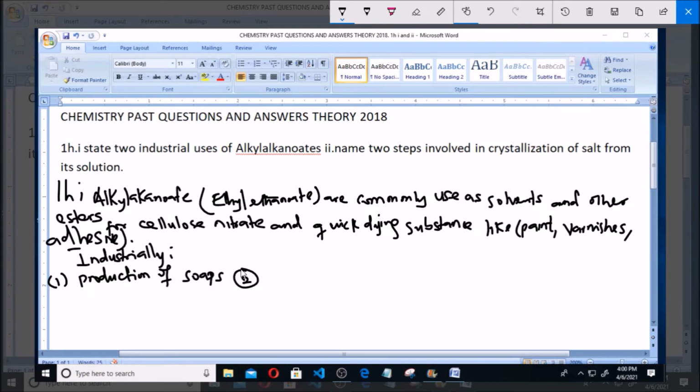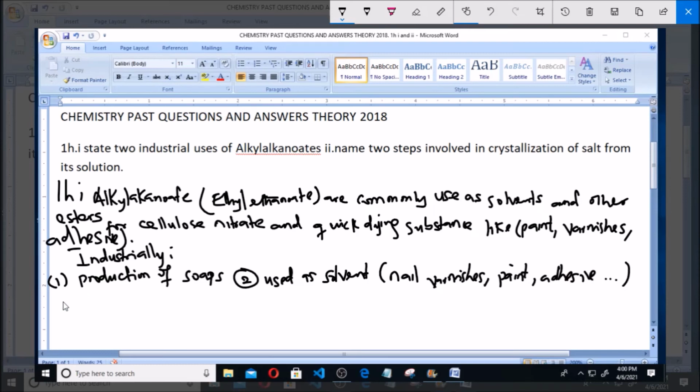Number 2, it is used as solvents for production of nail varnishes, paints, adhesive, and so on.